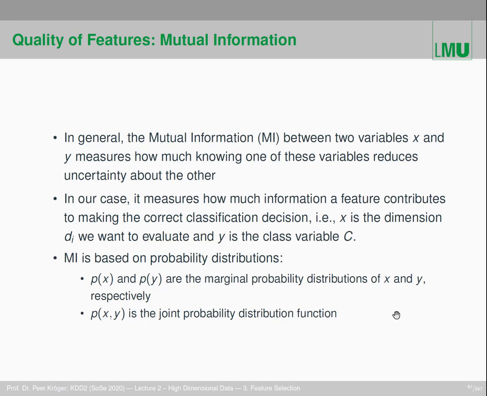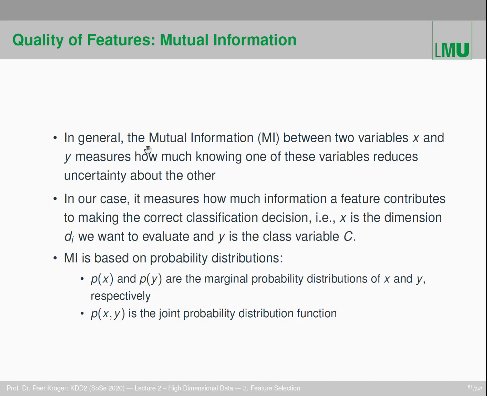Okay, so next one is mutual information. So in general, the mutual information also tries to measure the relationship, but now in terms of uncertainty. So you take two variables, two features, x and y, and you want to measure how much it means to you if you know something about x.